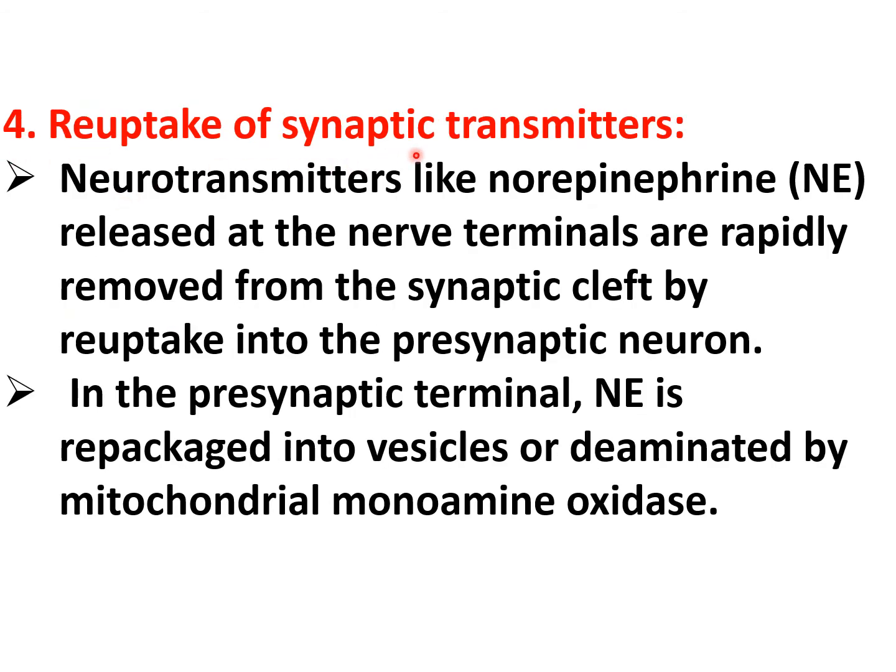Then reuptake of the synaptic transmitter. Neurotransmitters like norepinephrine released at the nerve terminals are rapidly removed from the synaptic cleft by reuptake into the presynaptic neuron. In the presynaptic terminal, the norepinephrine is repackaged into vesicles or deaminated by mitochondrial monoamine oxidase.